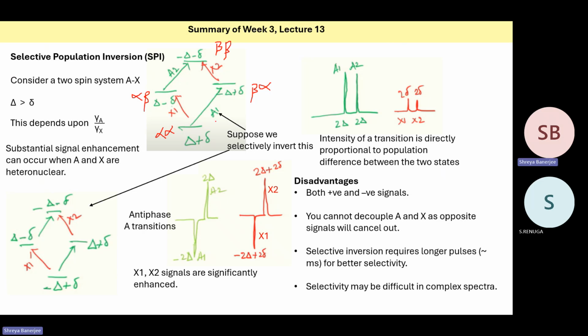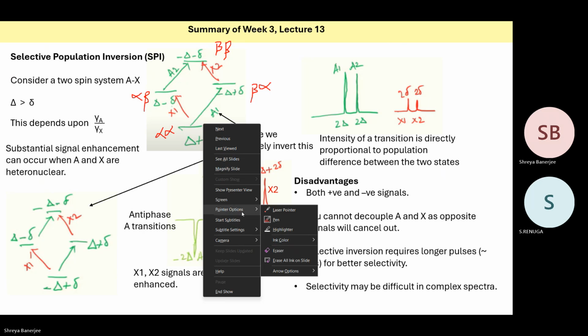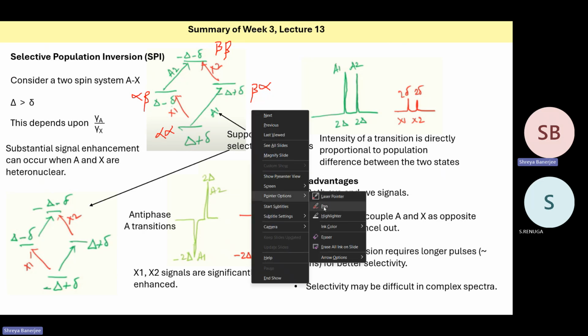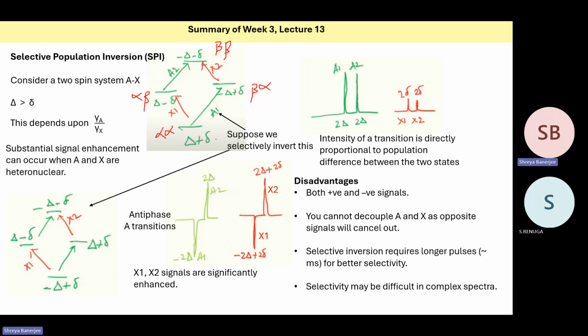Now, if we consider the population, we have considered the population of the lowest level to be delta plus delta. Population of these two levels. So basically, wherever alpha is becoming beta, the population will invert. So here it was delta plus delta.